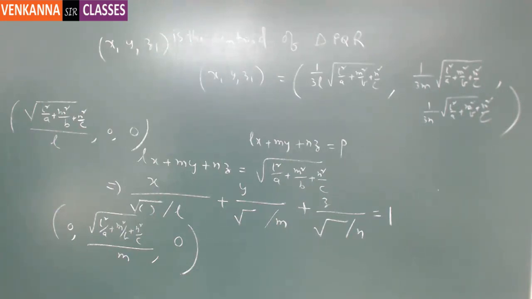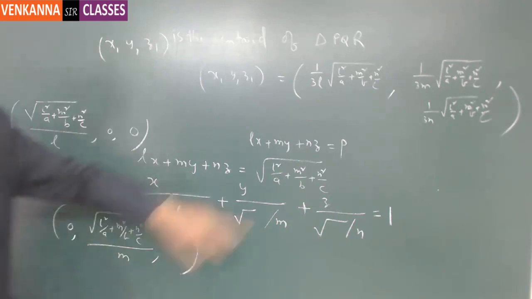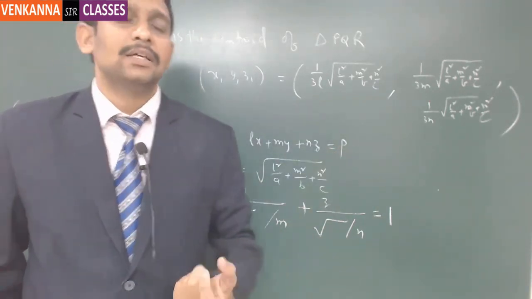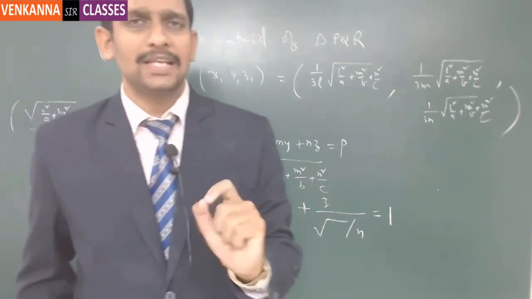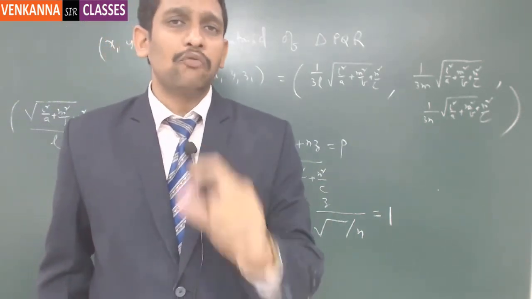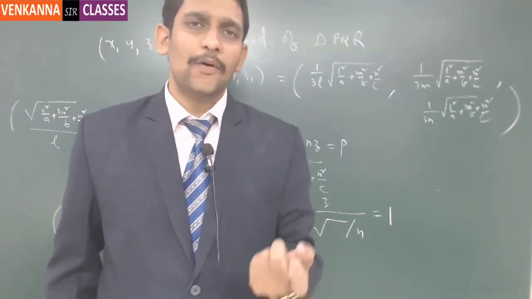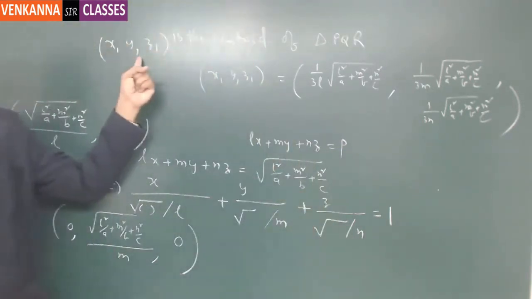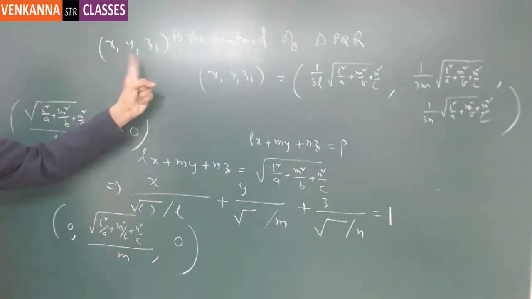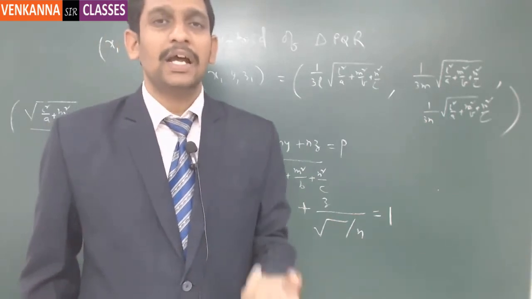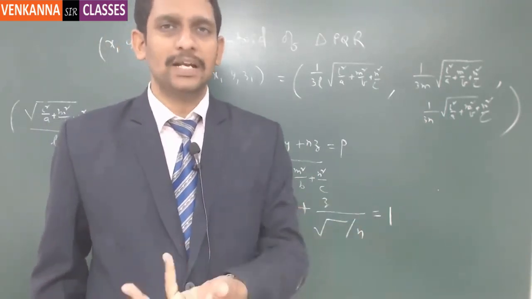After applying the centroid formula to the vertices, I got it. Now I have to eliminate the values of L, M, N. Why? Because my question is to find the locus of the centroid. As I have considered x1, y1, z1 as the centroid, I have to obtain an equation involving only x, y, z.